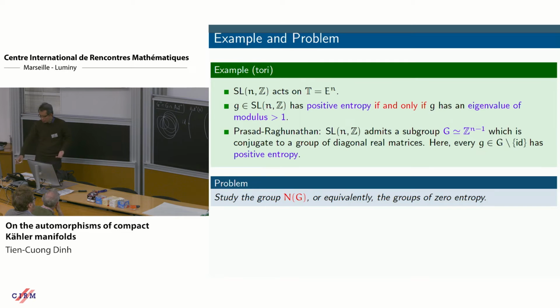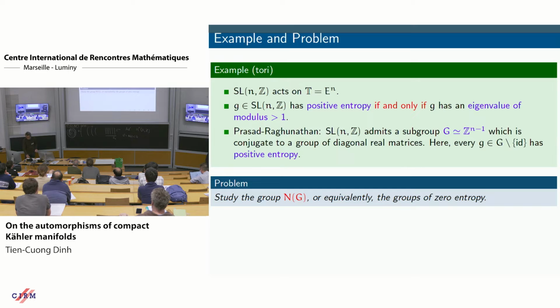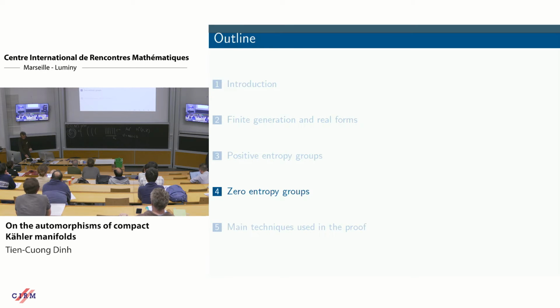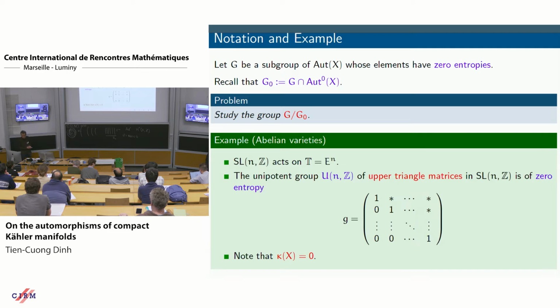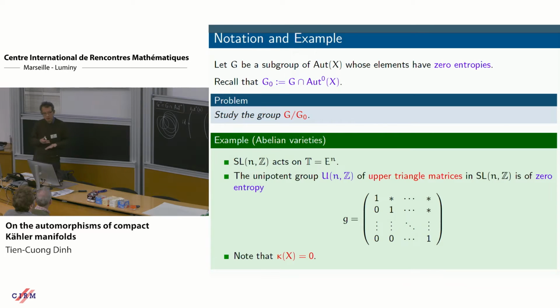Okay, so now we study the group NG, a group of 0 entropy. So let me, for simplicity, now denote by G a subgroup of Aut(X), and I assume that all elements of this group are of 0 entropy. Now I want to study the quotient G divided by G0.